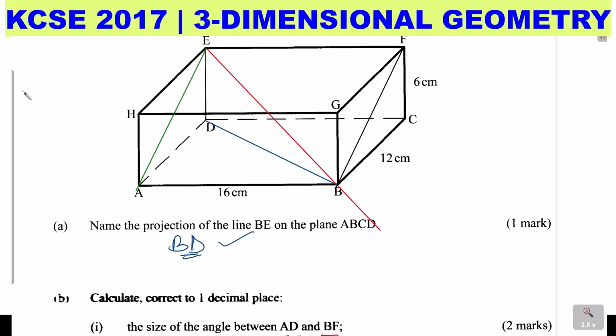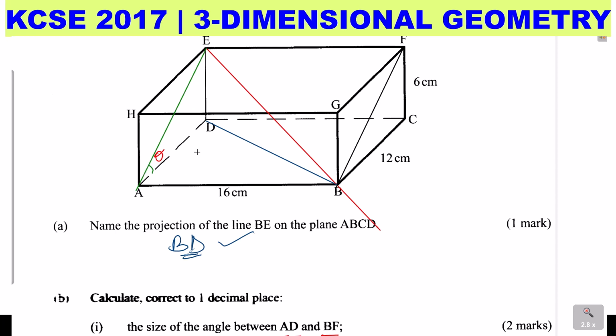Therefore the angle that you require is this angle that is here. So you need to get that angle. It is very easy because you just need to extract this triangle here.